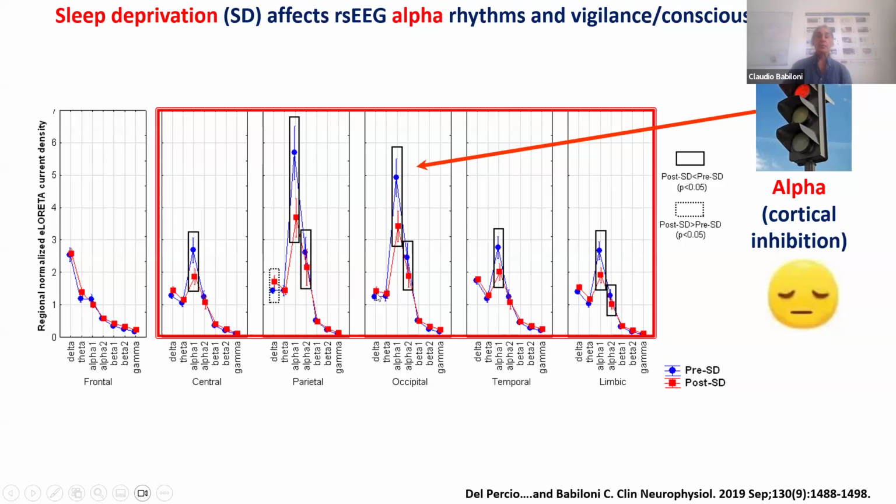So the experiment was designed to have two EEG recordings, one before one night of sleep deprivation, and the second EEG recording after one night of sleep deprivation.